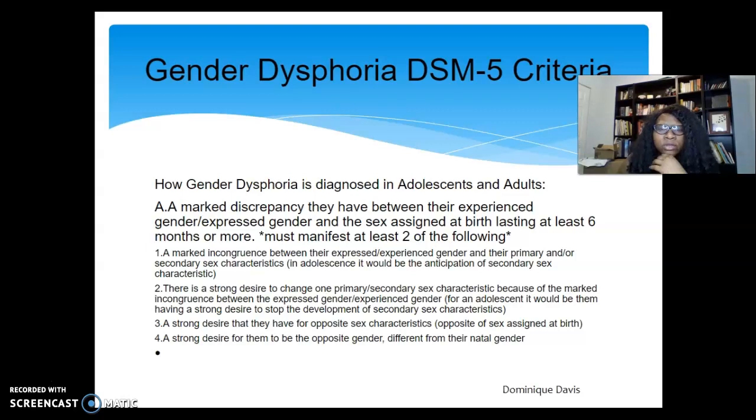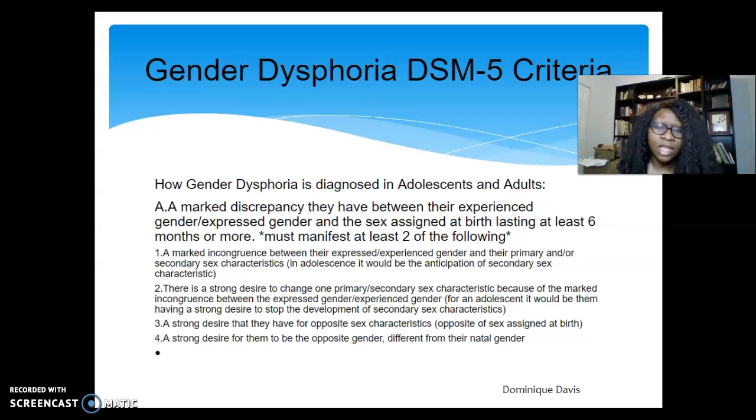Then there would also be a strong desire to change the primary or secondary characteristics because of this inconsistency with how they feel they're expressing their gender. And then for an adolescent, it would just be them wanting to stop that process. So you hear a lot about hormone blockers and things like that, with parents helping their children make those kinds of decisions. Because an adolescent would be terrified of their voice deepening or developing breasts if they feel that they might have gender dysphoria.